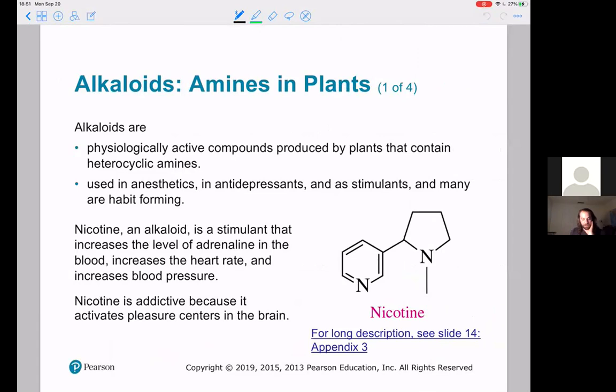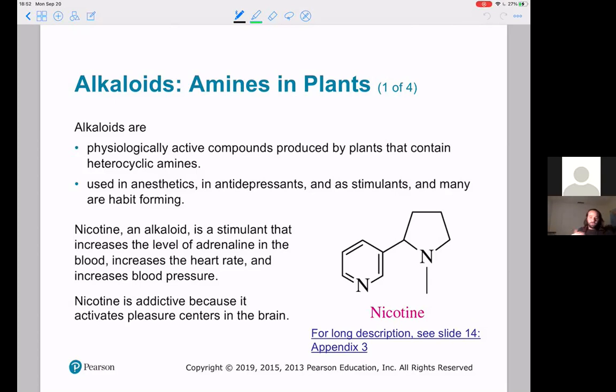Heterocyclic amines are kind of everywhere, ranging from compounds that are alkaloids. This is one of the designations of a heterocyclic compound that we want. Alkaloids are compounds that are produced by plants that have been found to be in some way, shape, or form stimulating to human beings as well.